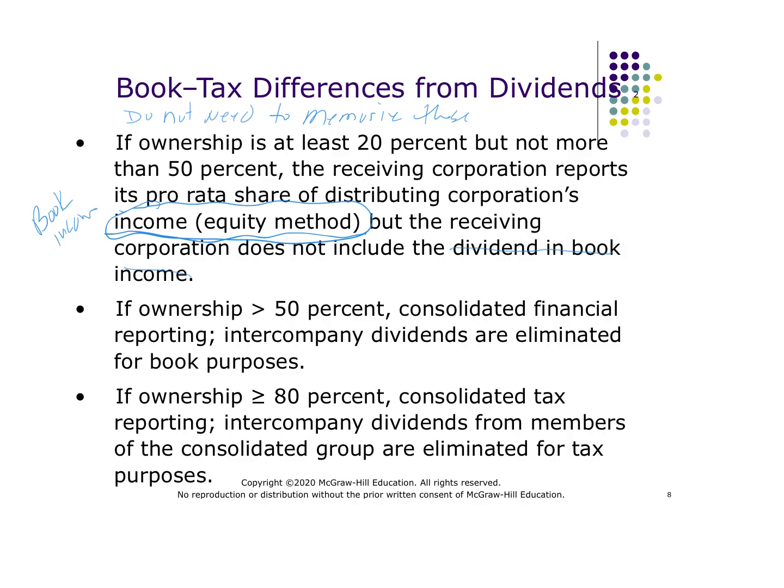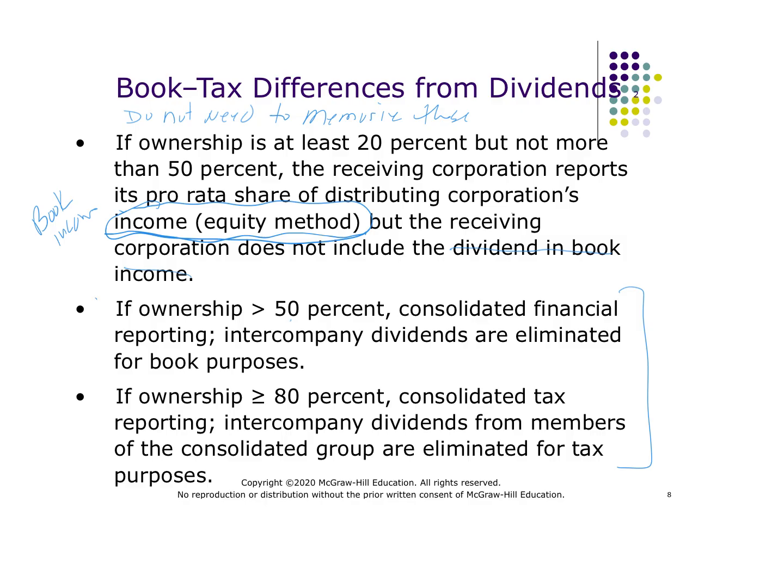If the ownership percentage is greater than 50%, you do consolidated financial reporting, and the intercompany dividends are eliminated for book purposes. If you're at 80% or more, you do consolidated tax reporting, and intercompany dividends from members of the consolidated group are eliminated for tax purposes.